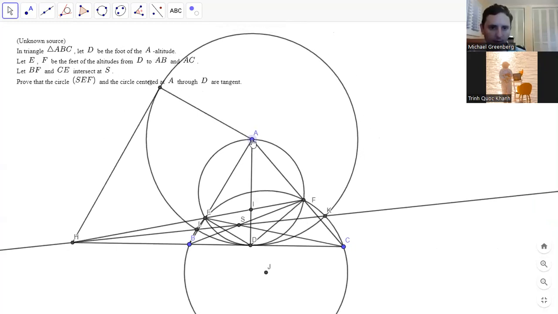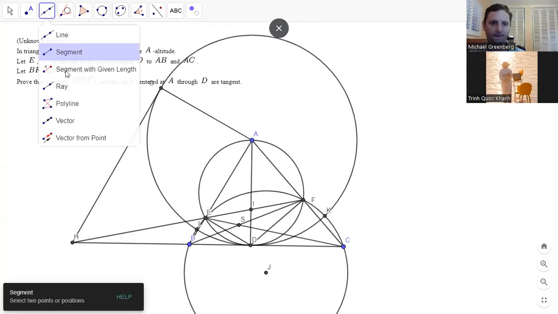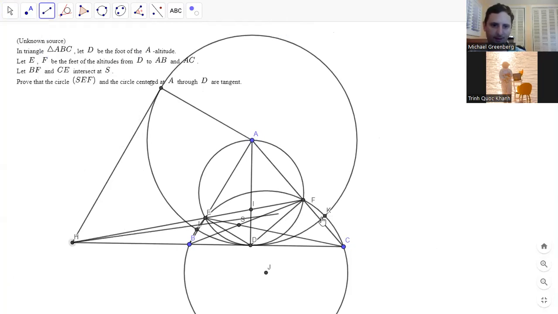So S, yeah, I like this. I think we're making progress here. So we want to show S lies on the polar of H. That's the same as showing that those are in harmonic conjugation.